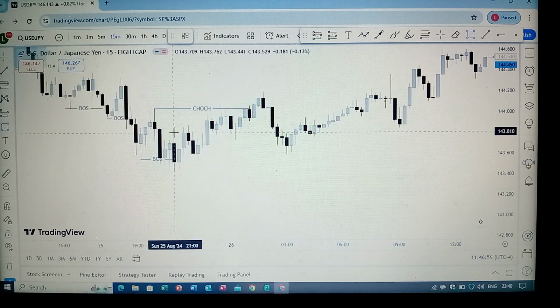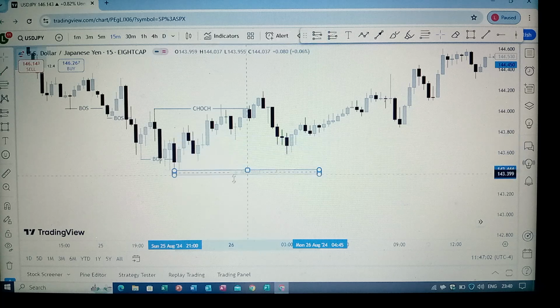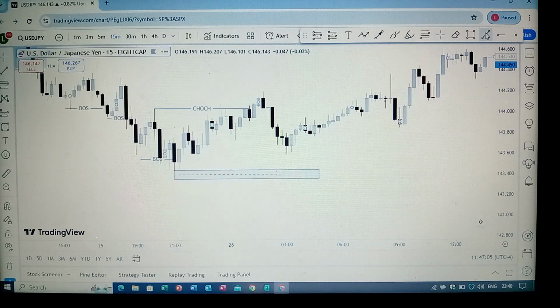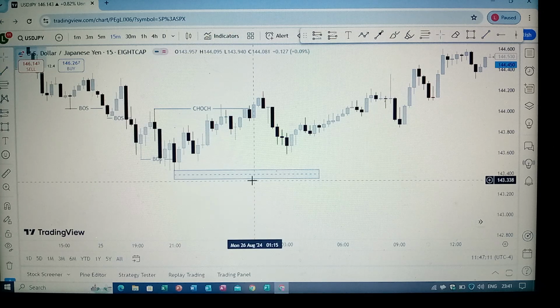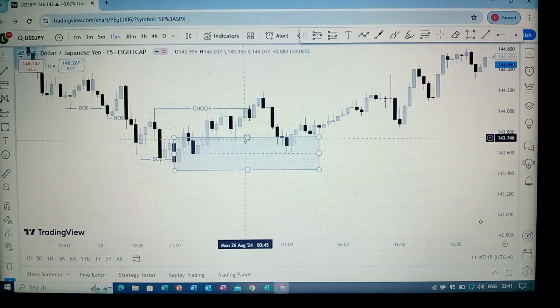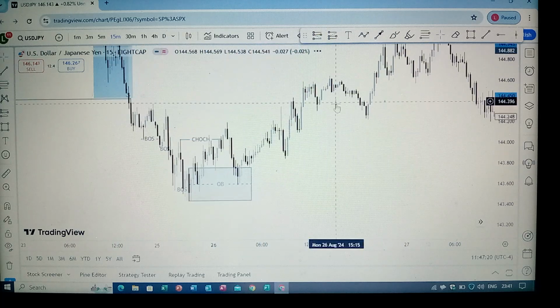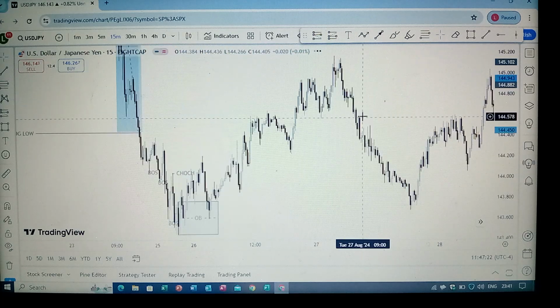I just took this whole 15-minute order block, guys. Even though we have these relatively equal lows down here, I just said, let me just take this whole 15-minute candle, and I targeted 1 to 5 first.